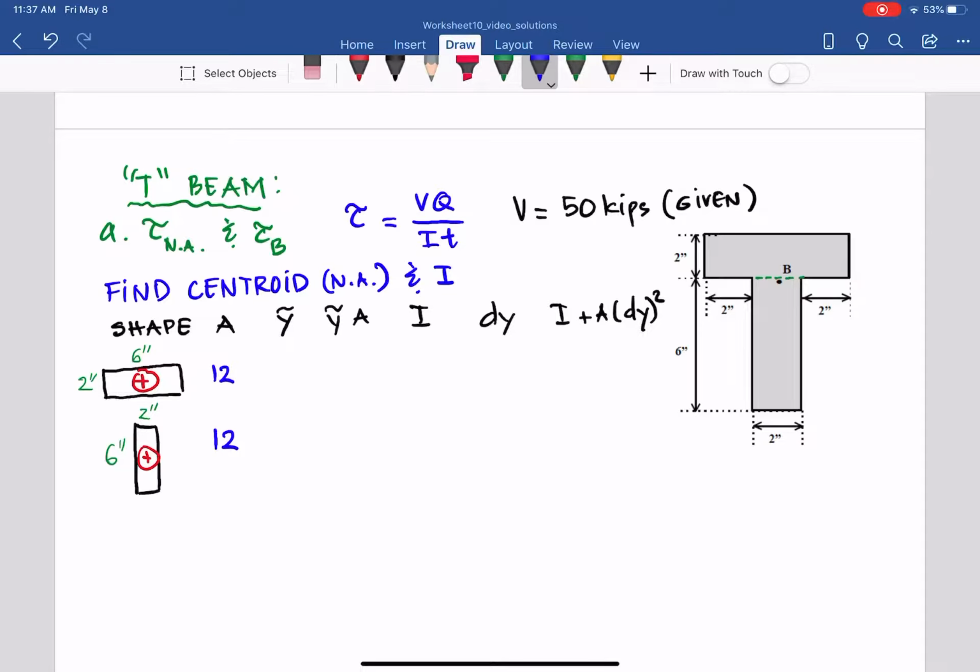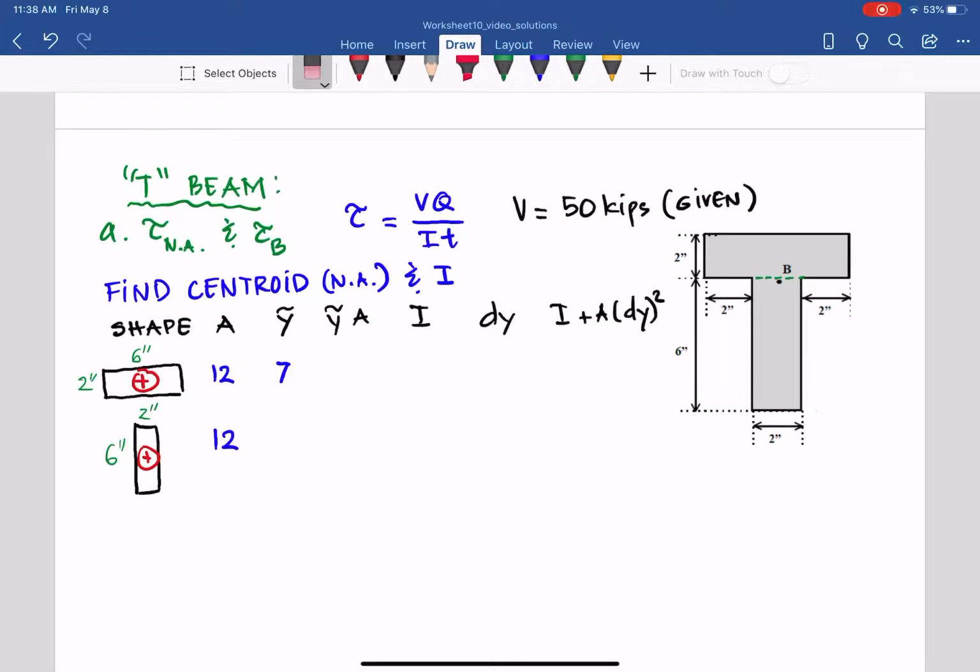Let's define the y bar. Let's define it from the bottom of the cross section, something we did before, right? So y bar for the first shape is from the bottom to here, so it equals 6 plus 1, because 2 is the thickness of the flange, so that equals 7.